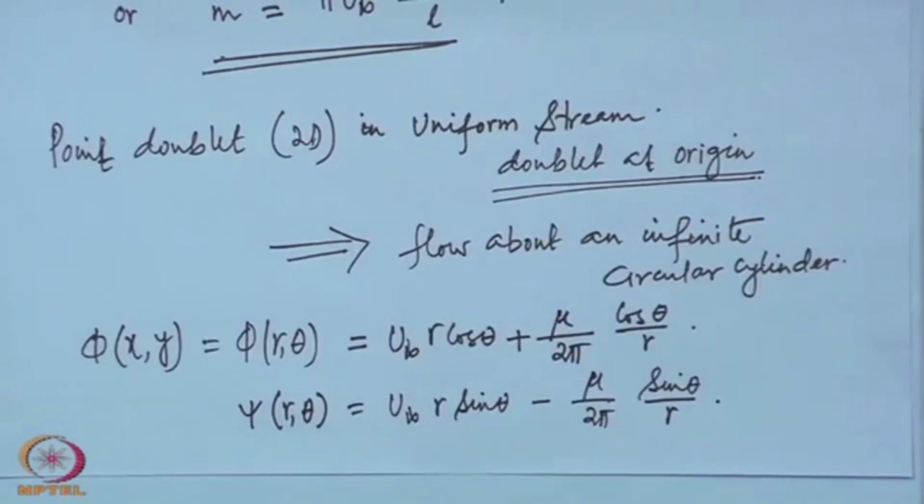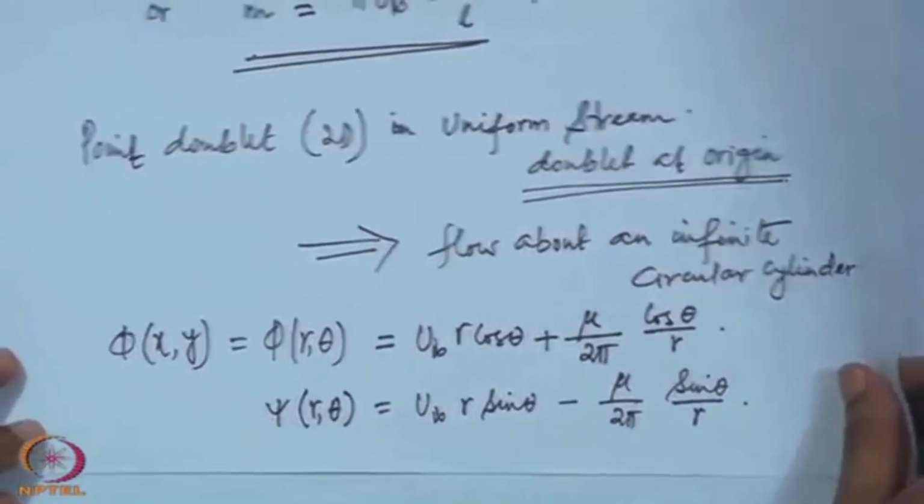What is the zero streamline? What will be the zero streamline? See, eventually we should take note of this point also, that we can add any constant to this phi or psi, it does not alter the solution.